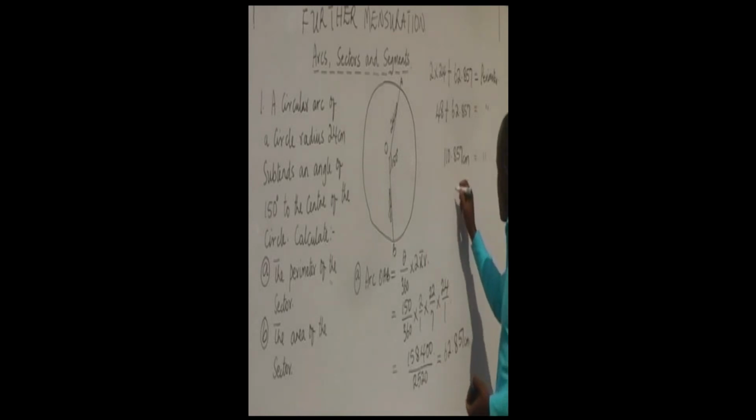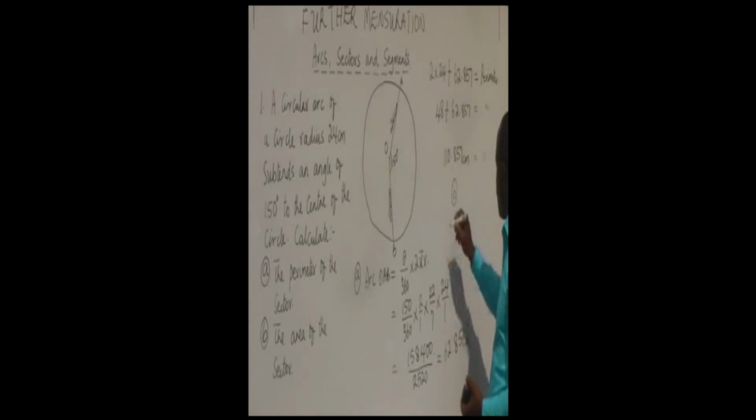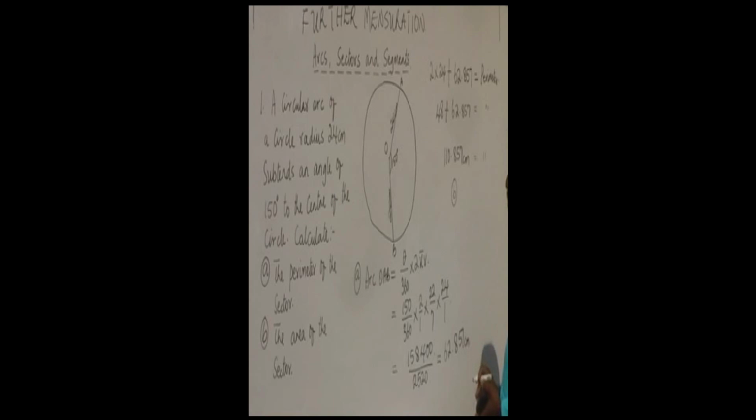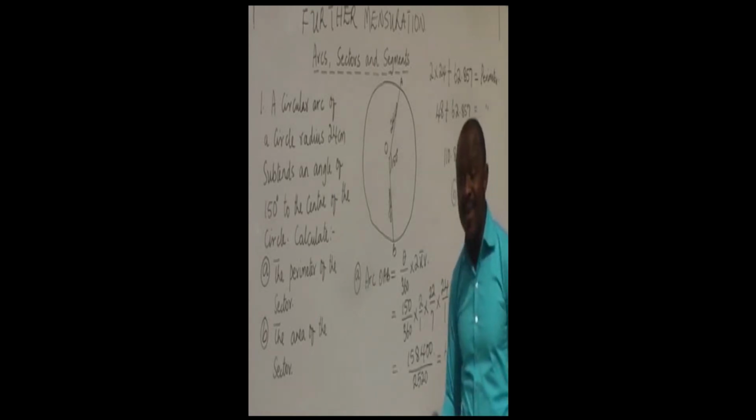Then question B. Let me manage the space for it. So we are to calculate the area of the sector. The area of a sector is calculated from the formula theta over 360 times pi r squared.